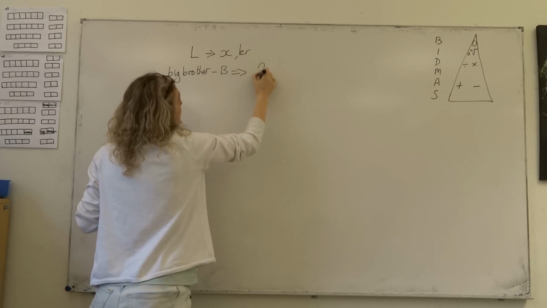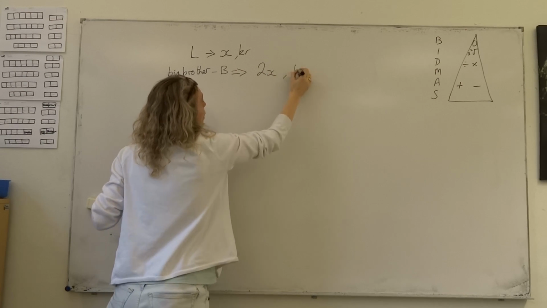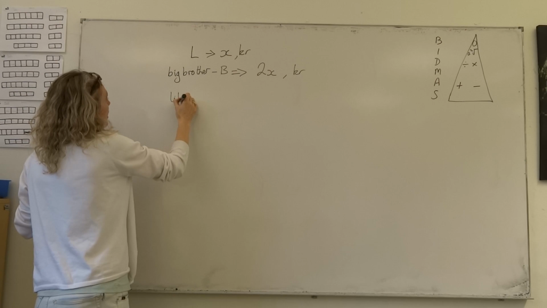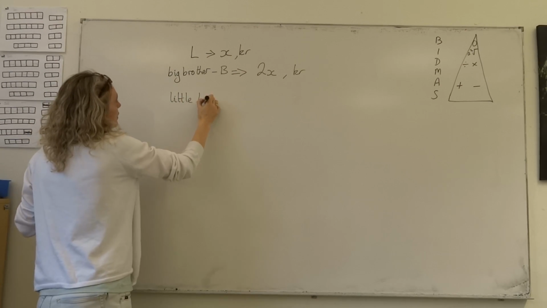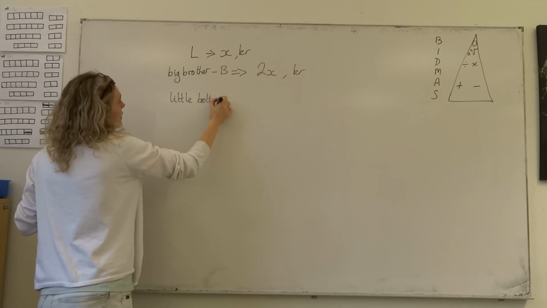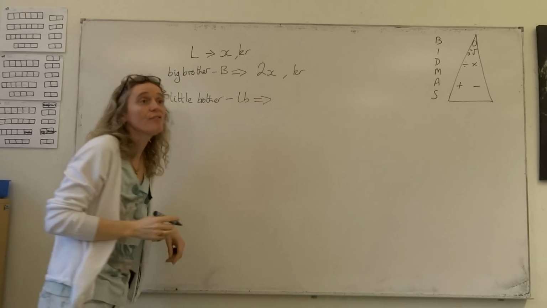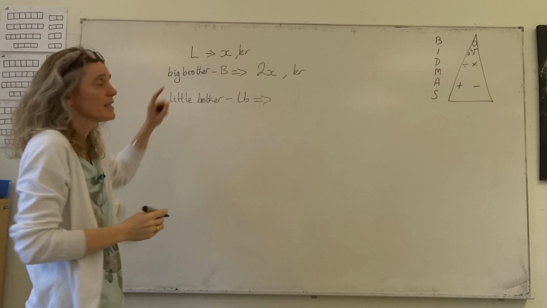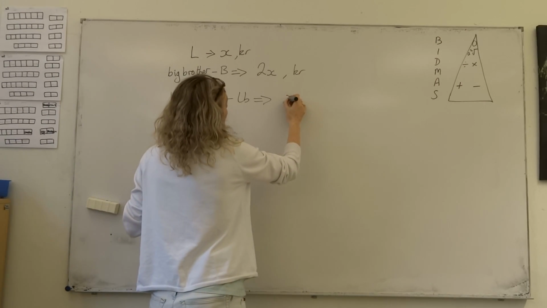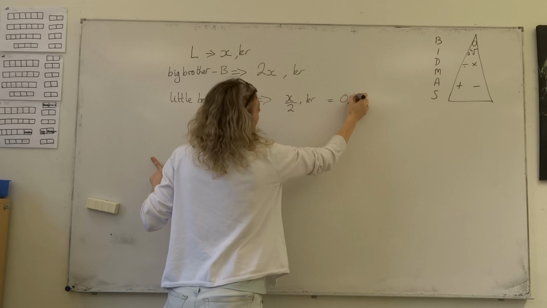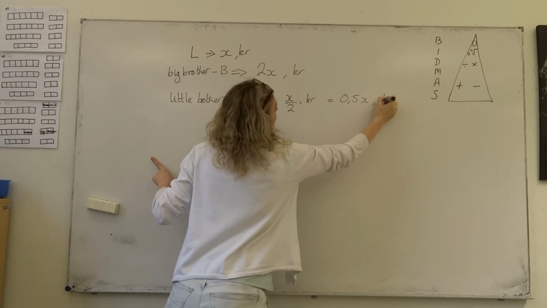The big brother has twice as much. That's 2 lots of X. And little brother, let's call him LB. He has half as much as Leo. So everything's in relation to Leo. So it's X over 2 kronas, or it's just a half X kronas.